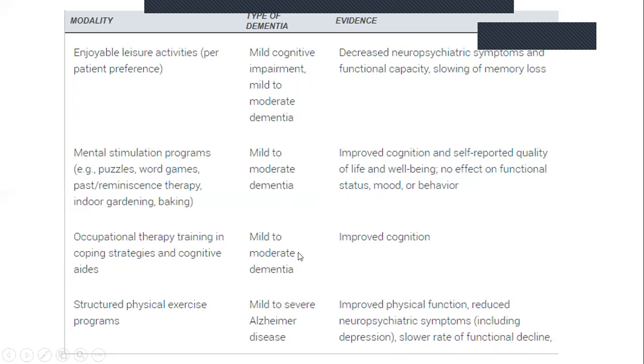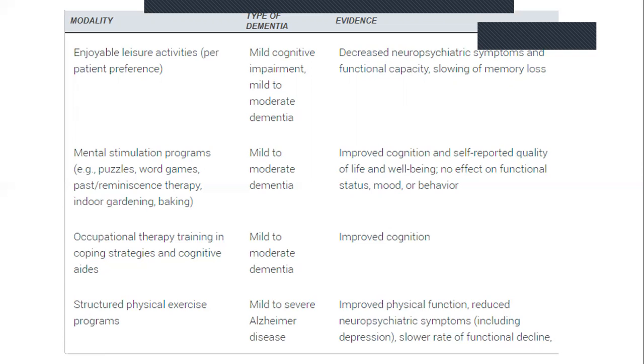First is enjoyable leisure activities like playing, singing, games, depending on the patient's likes and dislikes. So whatever the patient used to prefer, that should be done. And mental stimulation programs, which will activate their brain, which will stimulate their brain or mental activities, that should be done. Occupational therapy training in coping strategies, like how to mingle with other people.